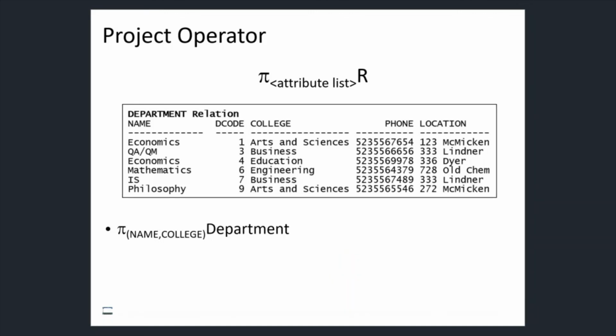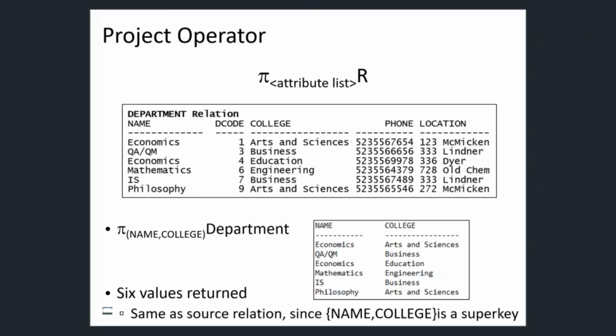Now we're going to get a little bit more complicated and see what happens when we specify multiple attributes in our projection condition. Here we see the result of the project of name and college from department, and we get 6 values returned. It's the same as the source relation department, since name and college together are a superkey.